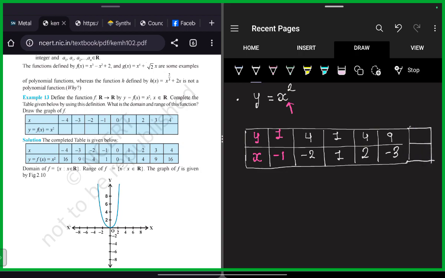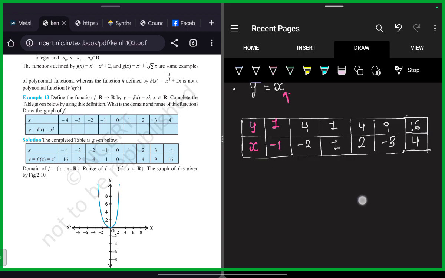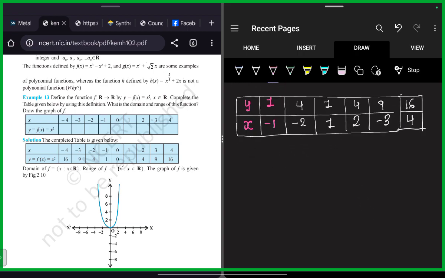You can plug in more data, okay? For example, if you put x is equal to 4, then y will become 16. Are you getting my point? So let's draw the y-axis and x-axis.